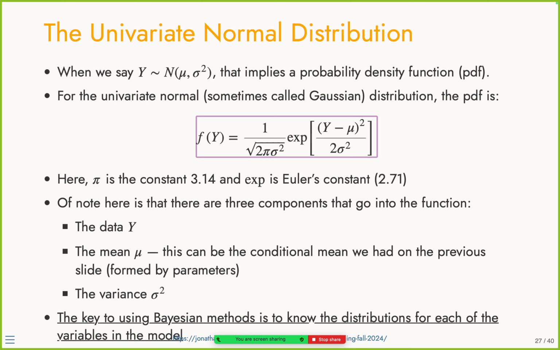So probability, let's define it a little bit quickly here. In a continuous distribution, like the normal distribution, to be a proper statistical distribution, the area under the curve has to integrate to 1. Basically, that area has to be 1. So what that curve represents is the accumulation of probability.